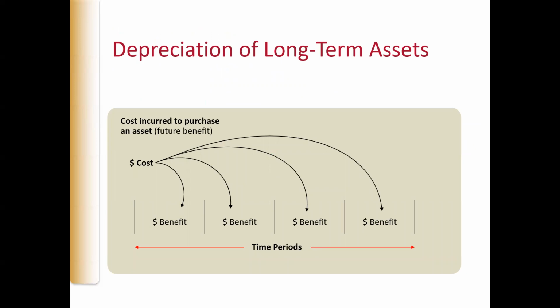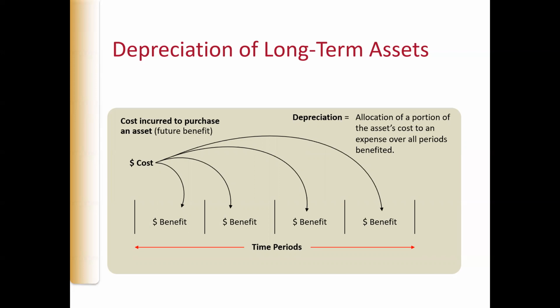So if we have an asset we purchased for $5,000 and it's going to benefit us for 4 years, we depreciate or allocate that cost over the asset's useful life. Since it's going to benefit us for 4 years, we're going to allocate it for 4 years.